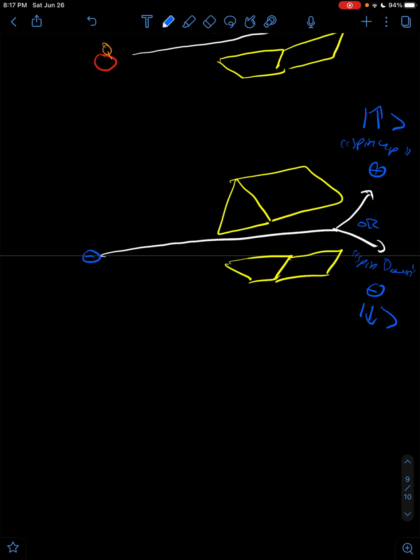We can't say that caused it to go up or down, since they're just labels for the results of going up or down. So yeah, we don't really know why the electron goes up or down, but we can still categorize it going up or down by using spin states.